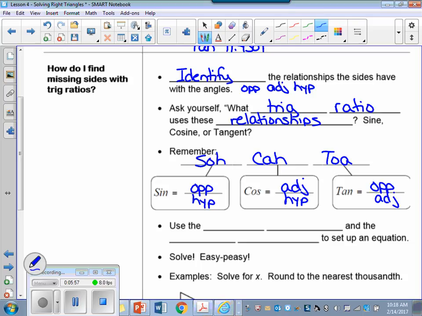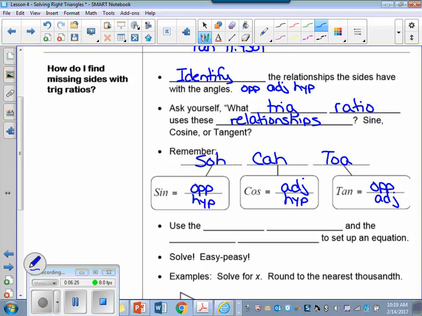So if I'm given the information adjacent over hypotenuse, which trig ratio do I use? Cosine. If I'm given the information opposite over adjacent, which trig ratio am I going to use? Tangent. If I'm given the information opposite over hypotenuse, which trig ratio am I going to use? Sine.